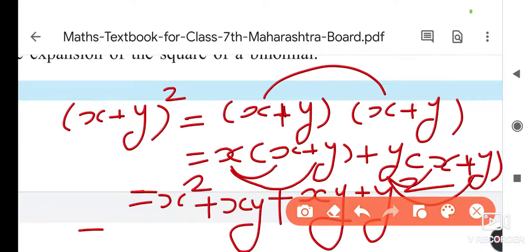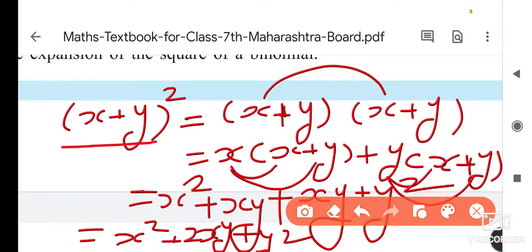And when you solve this, you will get x square, xy plus xy is 2xy, plus y square. This is also another method to find the formula for the expansion of (x plus y) bracket square. So (x plus y) bracket square is equal to x square, means first term square, 2 into the multiplication of both terms, 2xy, plus y square.